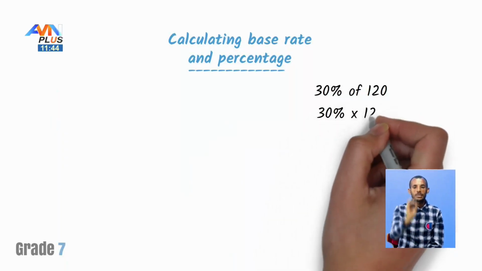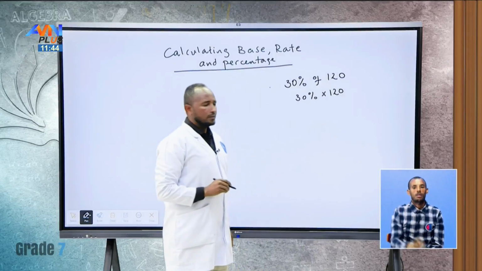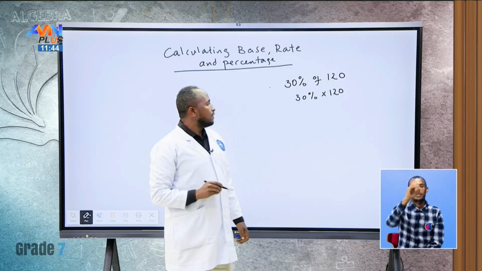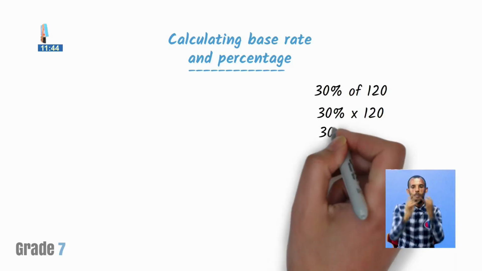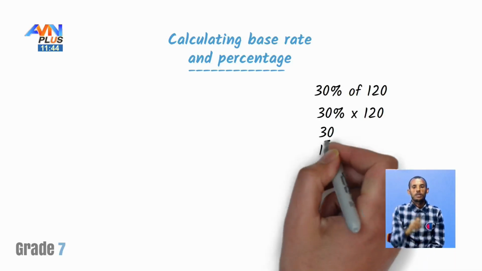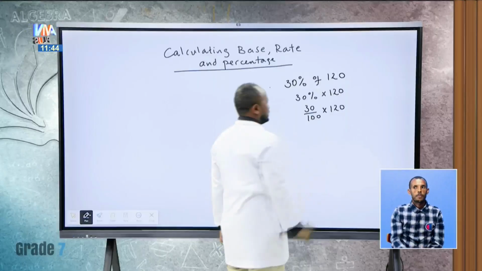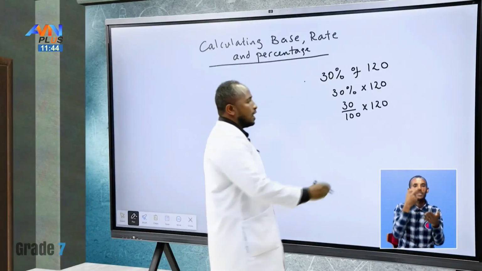We can write this 30% in fraction form. It means 30 out of 100. So I can write this 30 over 100 times 120.